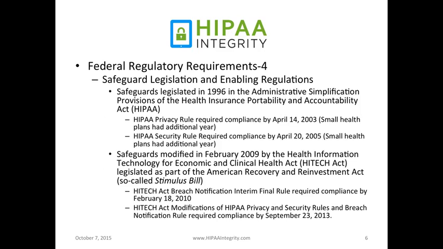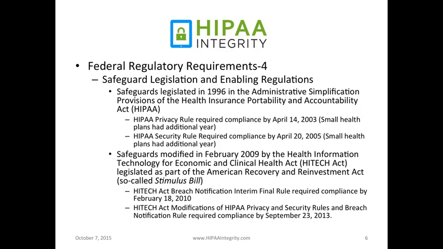The legislation enabling regulations, the HIPAA Administrative Simplification Rule, was passed in August of 1996. The HIPAA Privacy Rule went into effect in April of 2003, and the Security Rule 2 years later. In February 2009, the HITECH Act, Health Information Technology for Economic and Clinical Health Act, which was part of the so-called stimulus bill at the time, was passed.